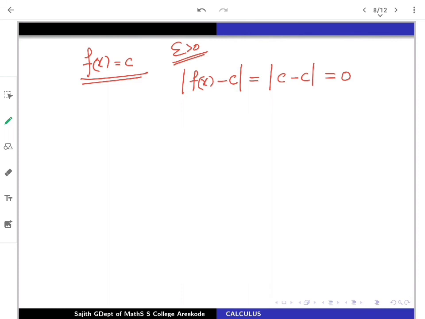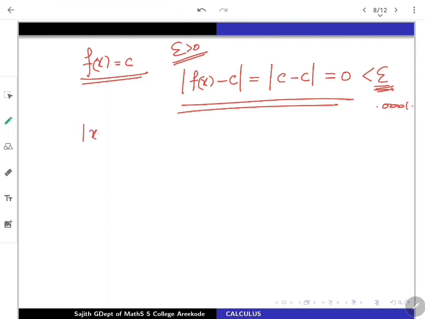So whatever epsilon is supplied to us, you have to find some delta which satisfies that. Whether it is 0.1, 0.001 or 0.0001, it always satisfies this, even without looking at what x is.